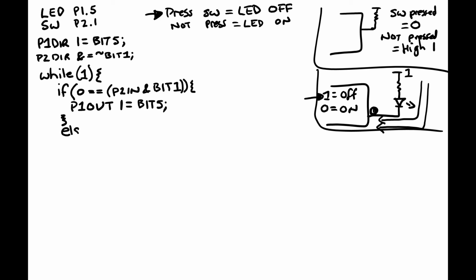Then we can do else. P1OUT and equals not bit 5, or bit 5 inverted. How does that sound? Is it making sense? It takes a little bit of practice for it to sink in.